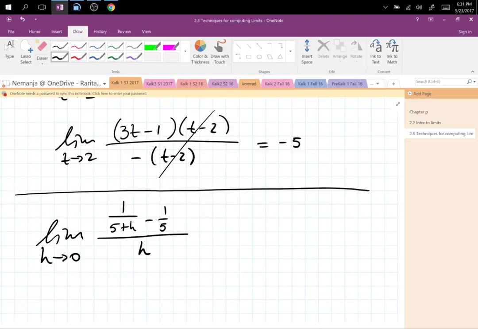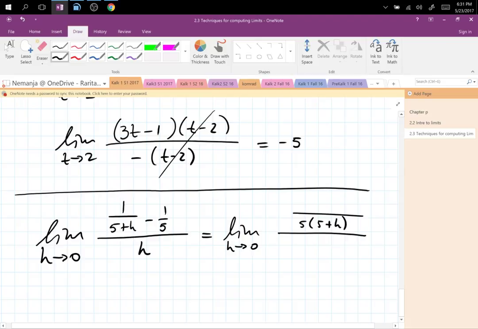All right, let's take a look. So the common denominator is what? The common denominator is 5 times 5 plus h. So that works out to be, when you cross multiply, 5 times 1 minus 5 plus h, divided by h.